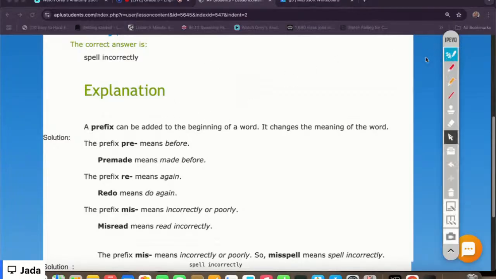All right, so we know that a prefix can be added to the beginning. Prefixes are added to the beginning of a word. It changes the meaning of the word and it forms another word entirely. That's what you need to note for prefix.